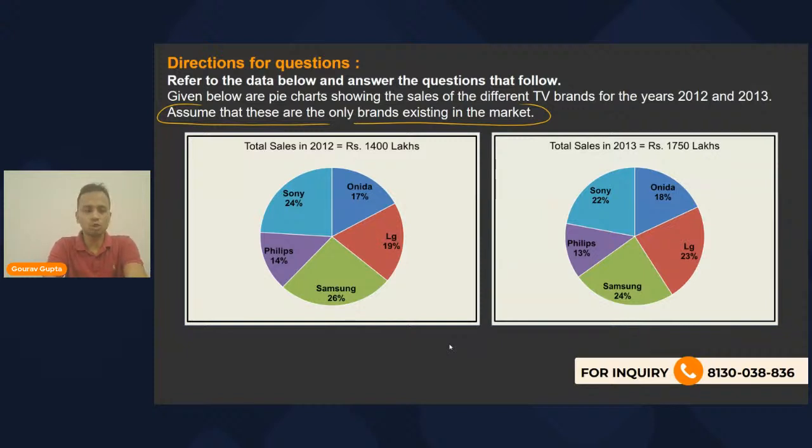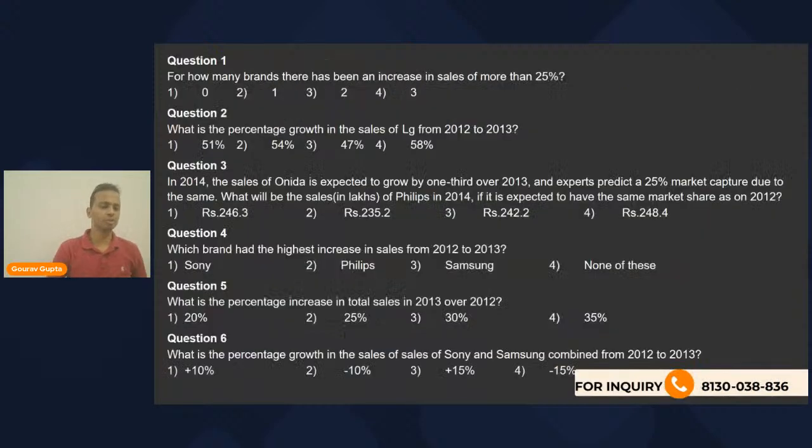So now I'll give you 2 to 3 minutes more to work on the remaining questions. All of you work on the remaining questions. You have 2 to 3 minutes more. Come on, go for it.